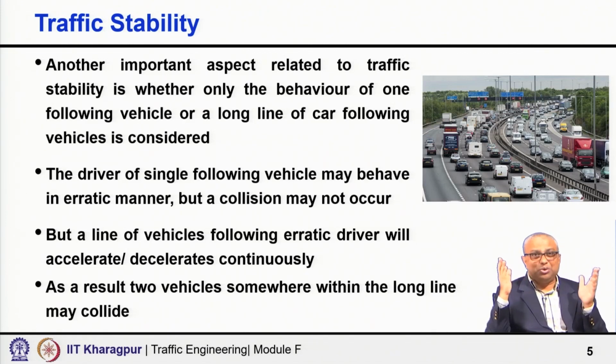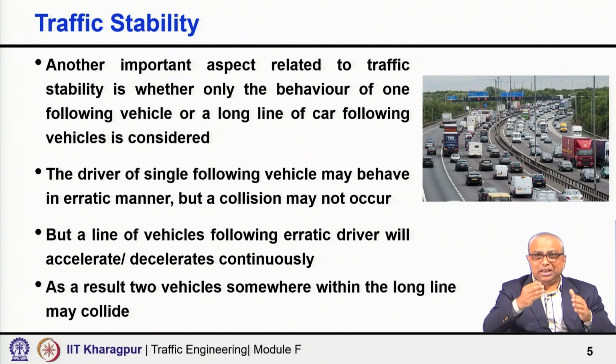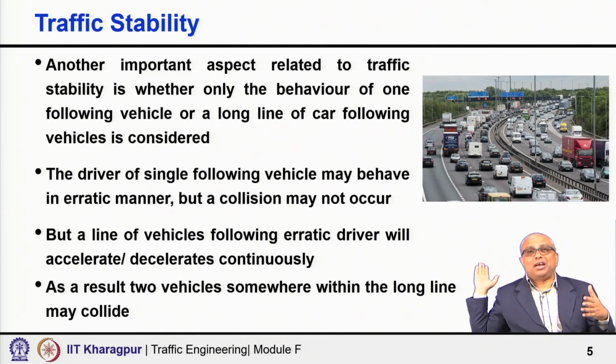That means you have altogether only two vehicles, one lead vehicle and one following vehicle. The other could be a line of vehicles following, with erratic behavior. Obviously, they will accelerate or decelerate continuously. So, it is not one, but maybe n number of vehicles.